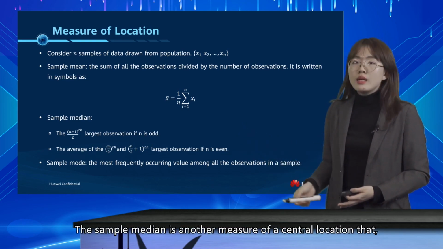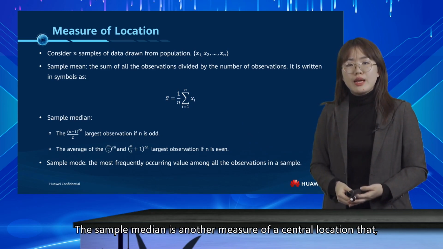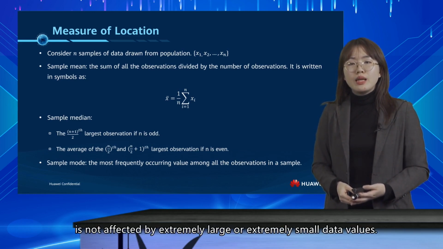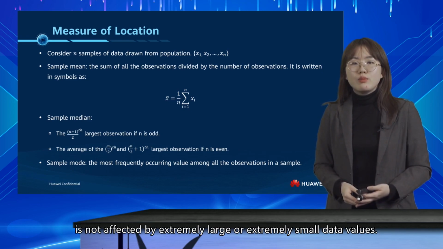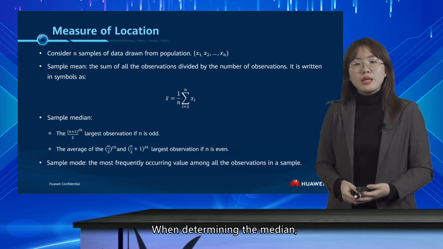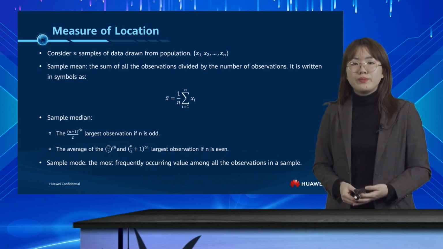The sample median is another measure of central location that, unlike the mean, is not affected by extremely large or extremely small data values. When determining the median, the data values are first ranked in order from the smallest value to the largest value.